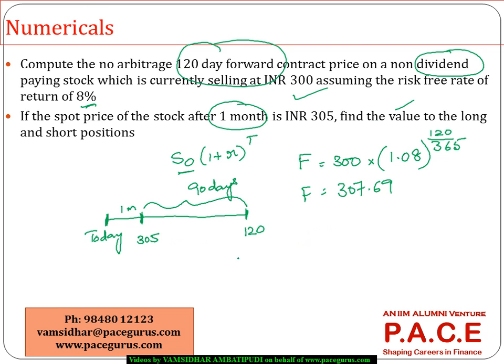So if the question is about the value, as I said, it is spot price minus the present value of the forward price. The forward price is 307.69 divided by 1.08 to the power 90 by 365, because 90 more days are left to maturity. This is how I would be working it out.